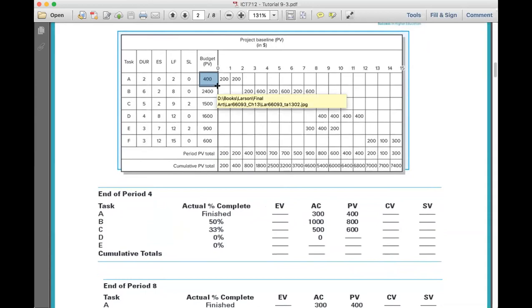But for B, it will be 600, isn't it, sir? For task B, 50%. 50% is 300? No, it's 50% of the overall budget. 50% of the 2,400 is what?